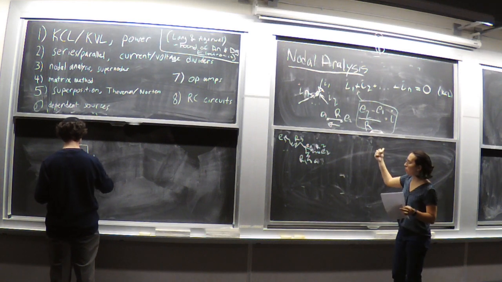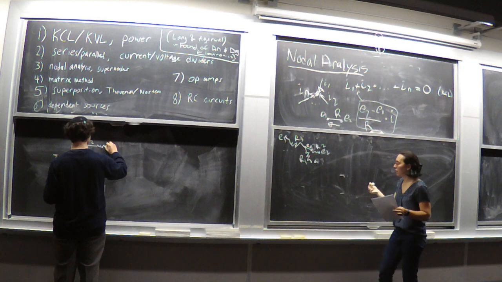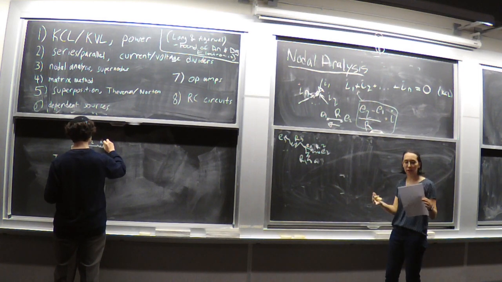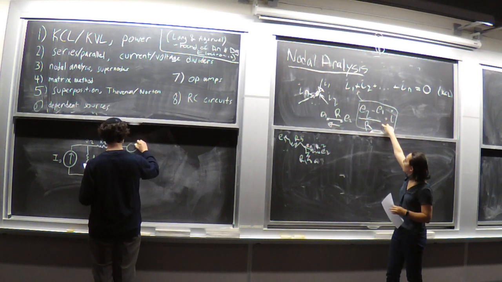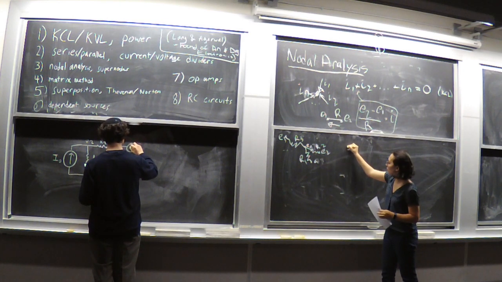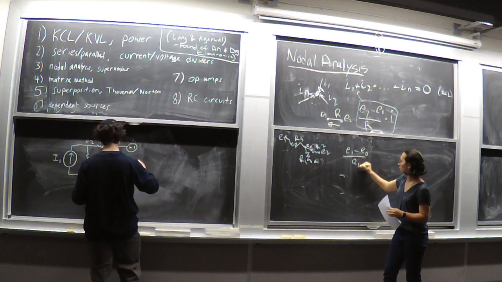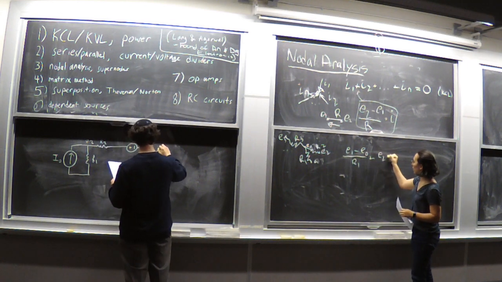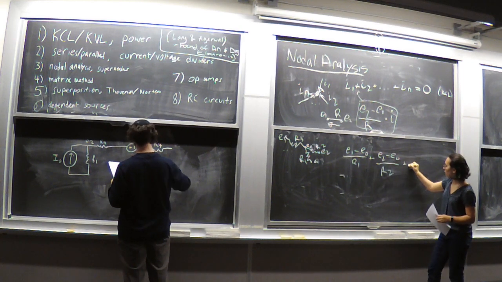Then you just go in order. You pick your node, and then you say what are all the nodes that have elements going into that node, and then you just go in order applying this equation. So you would do E1 minus E0 over R1 plus E2 minus E0 over R2, etc.